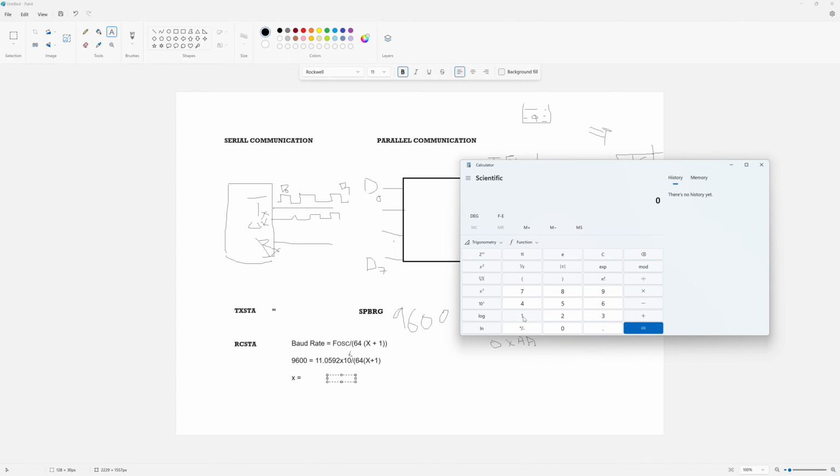Our crystal frequency is 11.0592 into 10 raised to 6.